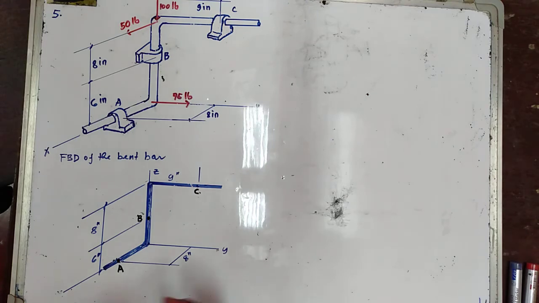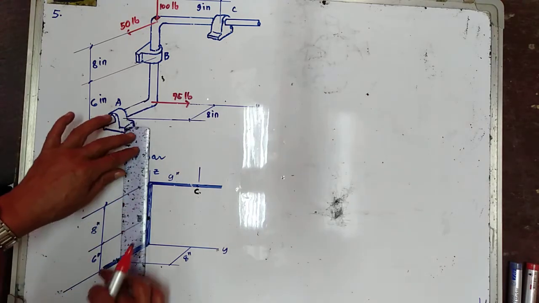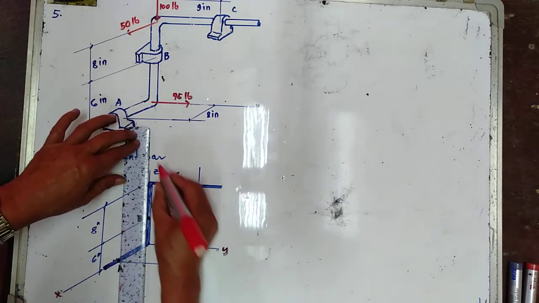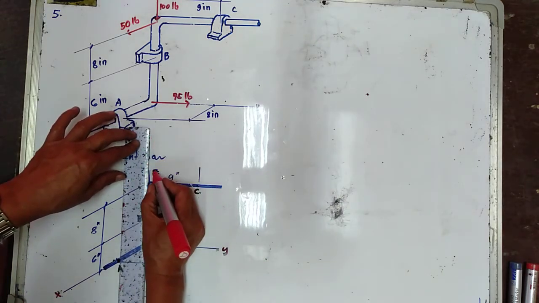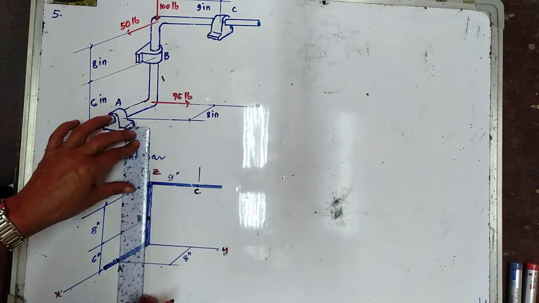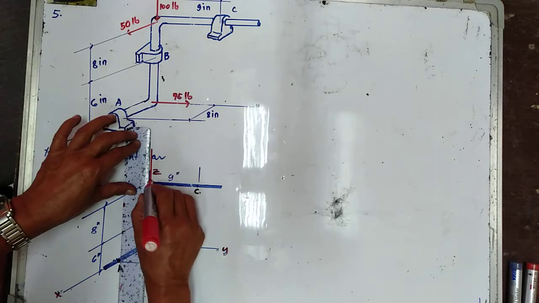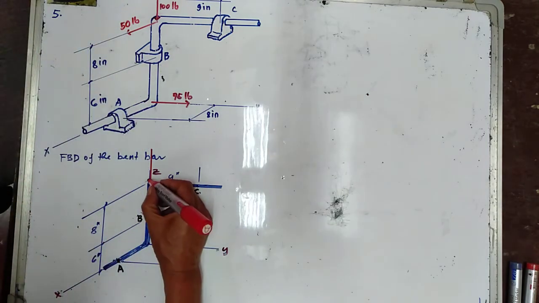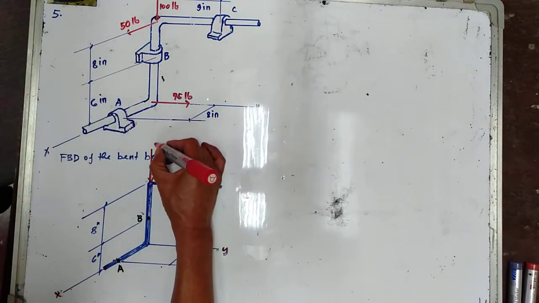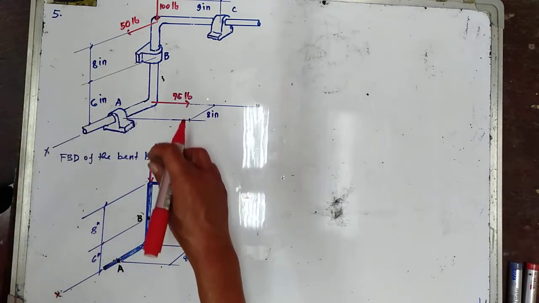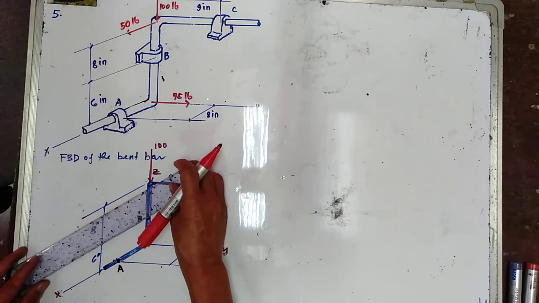Okay, so we now have the free body diagram of the bent bar. So we have, this is the x-axis, we have the y, and that is now the z-axis. So we have 100 pound in the direction of the z-axis.